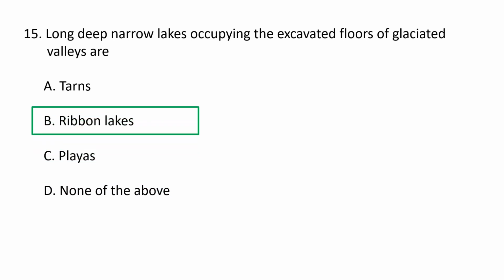A ribbon lake is a large, narrow lake occupying a U-shaped valley, and it forms in a hollow when a glacier has more deeply eroded less resistant rocks, or it might fill up a valley behind a wall of a moraine across the valley. So B is the correct option.